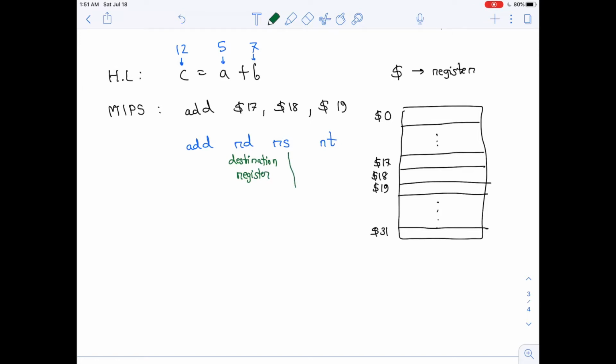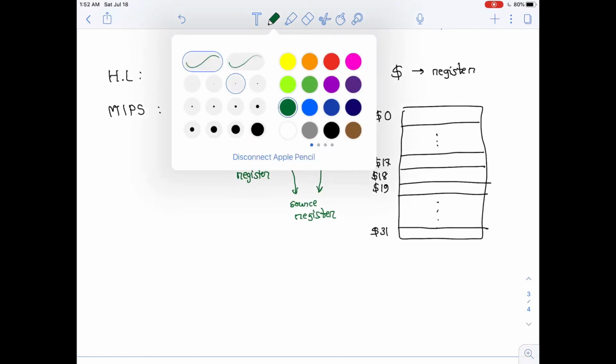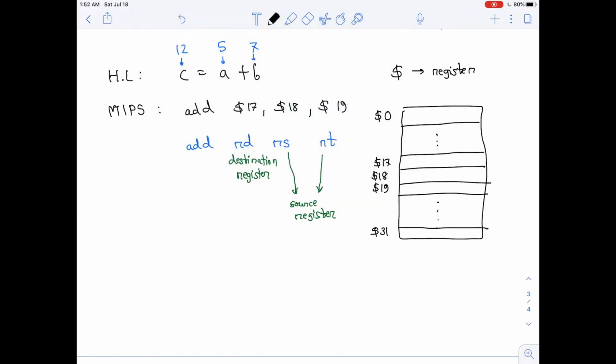Similarly, rs and rt stand for source registers. So here we need to have the values of 5 and 7 in our source registers. Your source registers are the registers that hold values which get operated on.